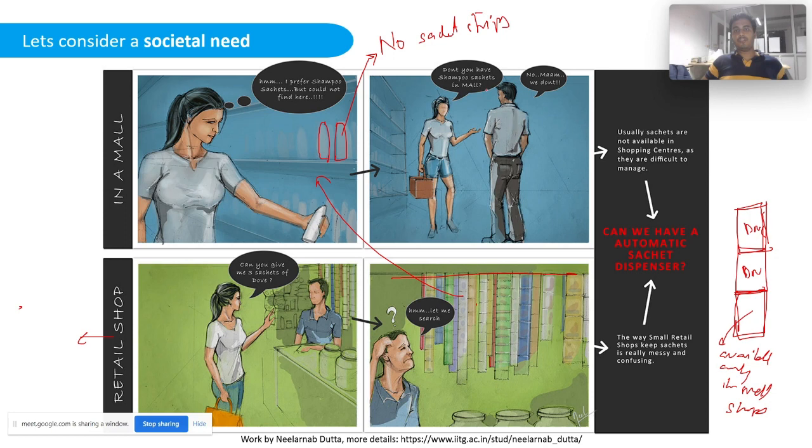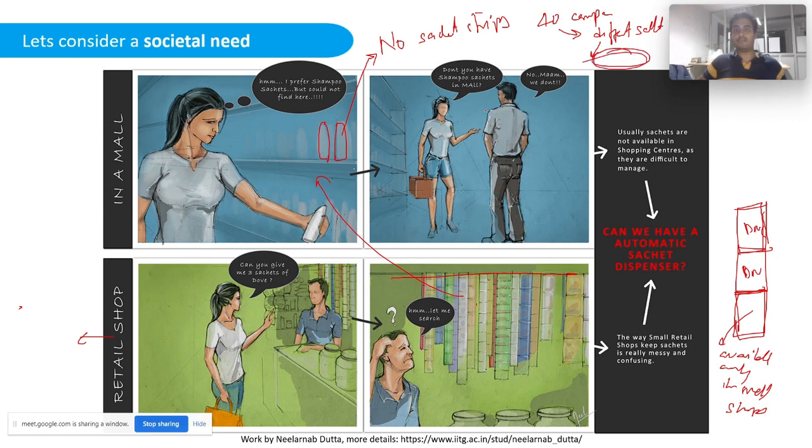So we did a field study back in 2013, and we came to know about this scenario. We were given the problem that it is hard to manage these sachets because, for example, there are 40 companies and they have different sachets, and managing them in a mall is really cumbersome.